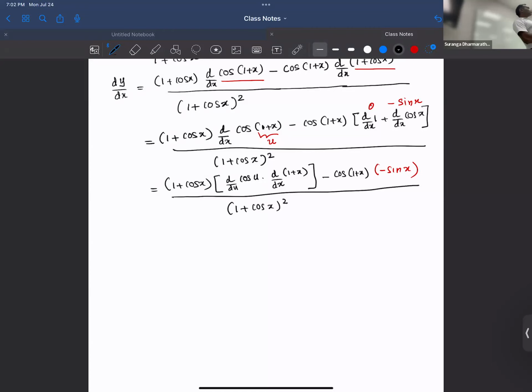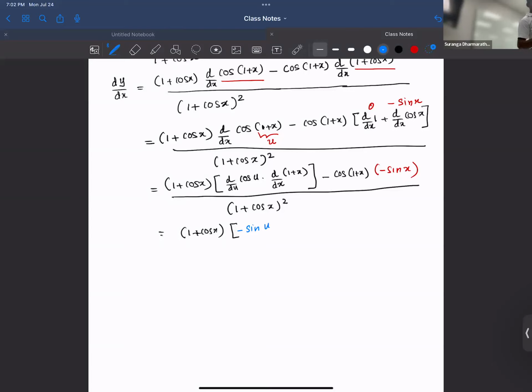Right? And then you have d over du of cosine u. What is the answer? Negative, negative sine what? u. Good.